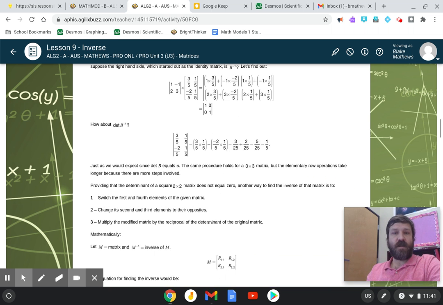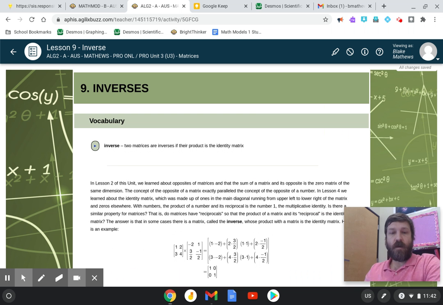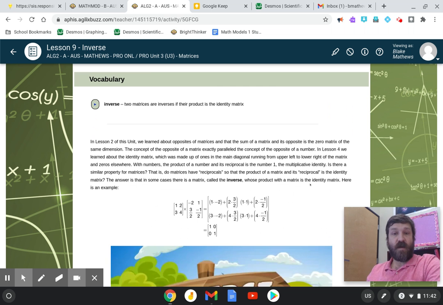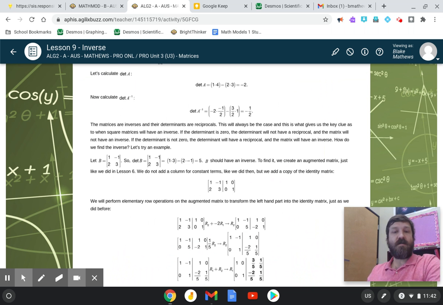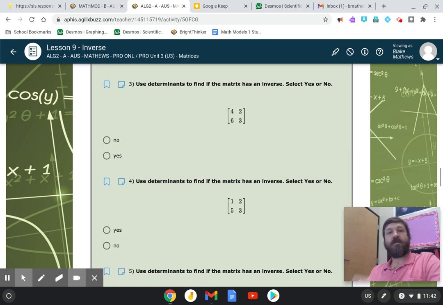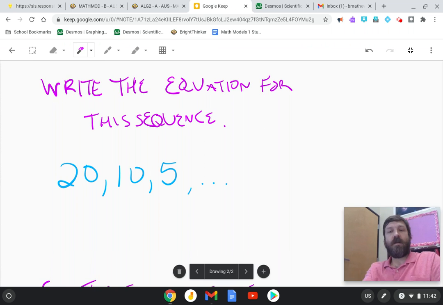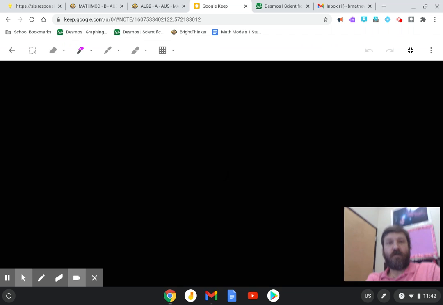But remember, there's this idea that if a matrix has a determinant that is a value of 0, then it does not have an inverse. So again, if a matrix has a determinant of 0, then it does not have an inverse.